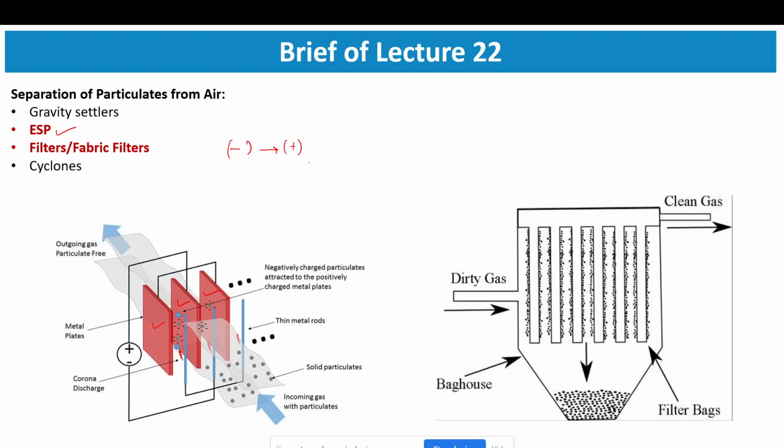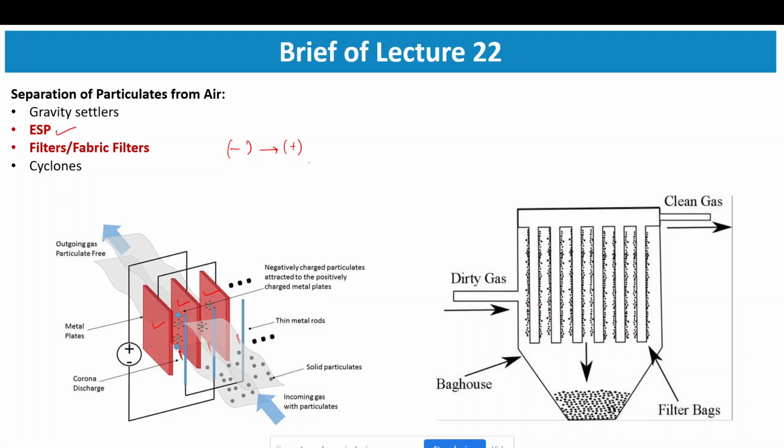And when you remove the electric charge, they can be scraped off the plates. That is how you collect the particles, and you can separate the particulate matter from the air so that you can have clean air.